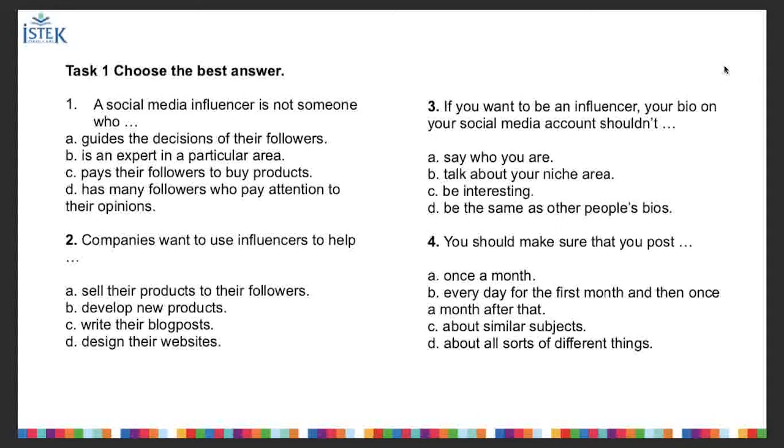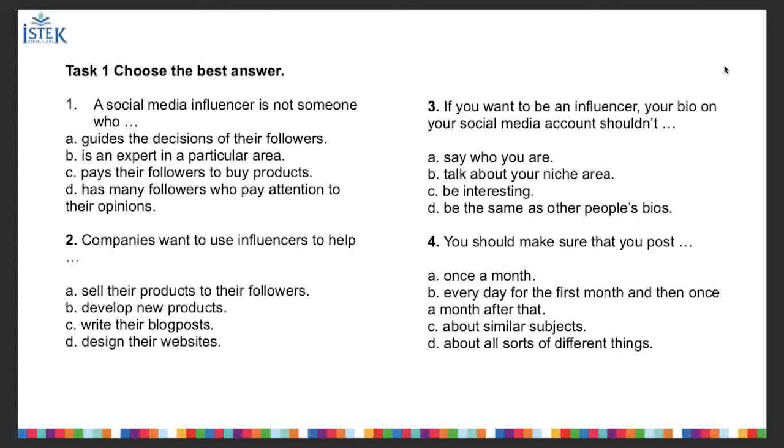Number 3, if you want to be an influencer, your bio on your social media account shouldn't A, say who you are, B, talk about your niche area, C, be interesting, or D, be the same as other people's bios. Remember the question was, your social media account shouldn't.